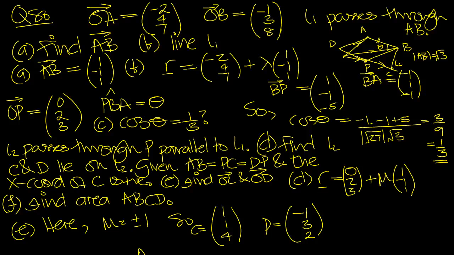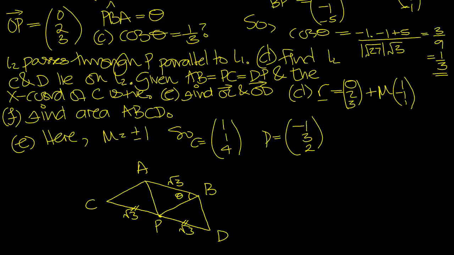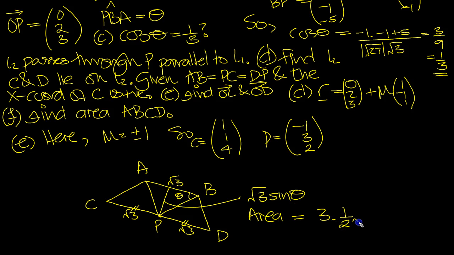What else? Okay. So if you drop a perpendicular here, this height would be root 3 sine theta. So they've all got the same heights because it's parallel lines. So area, 3 lots of half base times height, which is 9/2 sine theta.